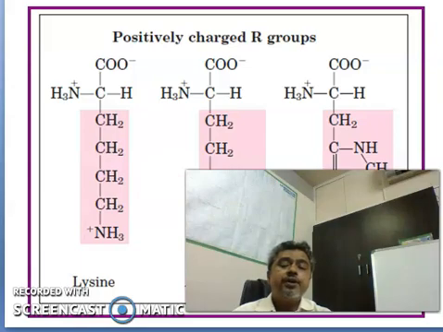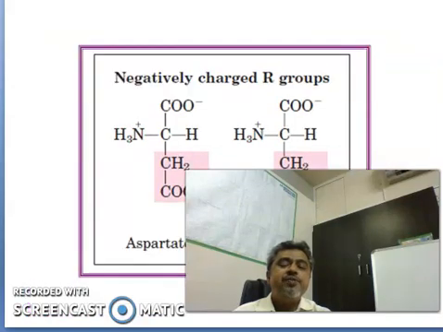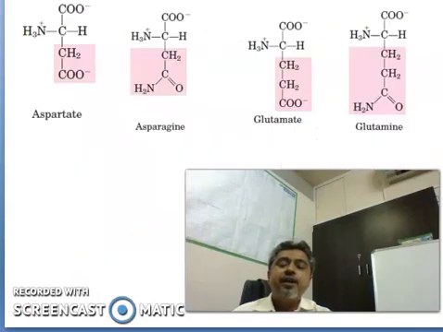No, only HAL. This is the positively charged. Aspartate and glutamate are the acidic amino acids, and finally aspartate converts into asparagine, glutamate converts into glutamine, that is basic amino acid. So this is all about the classification of amino acids and the introductory part of proteins.